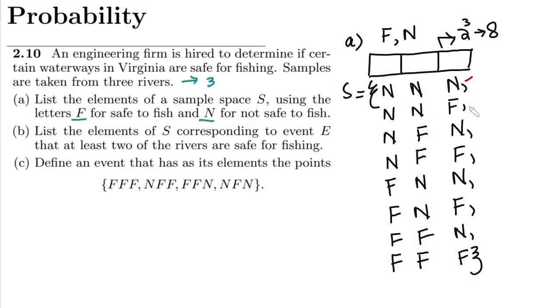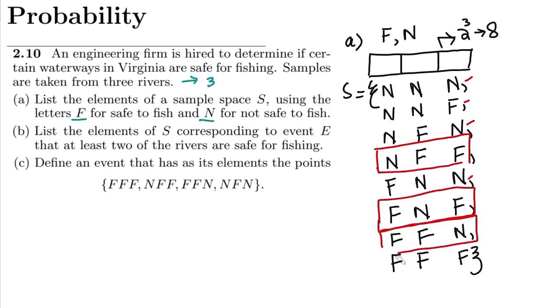Here no river is safe, here one river is safe, and here we can see that 2 rivers are safe. At least 2 means 2 or more than 2. Here this is 1, this is again 2, this is 2, this is 2, and this last one is 3, which is greater than 2. So at least means greater than or equal to.